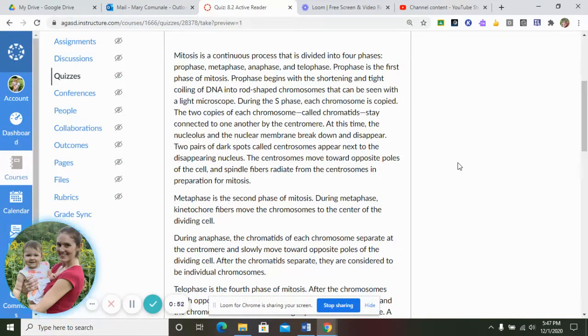The 2 copies of each chromosome, called chromatids, stay connected to one another by the centromere. At this time, the nucleolus and the nuclear membrane break down and disappear. 2 pairs of dark spots called centrosomes appear next to the disappearing nucleus. The centrosomes move toward opposite poles of the cell, and spindle fibers radiate from the centrosomes in preparation for mitosis.